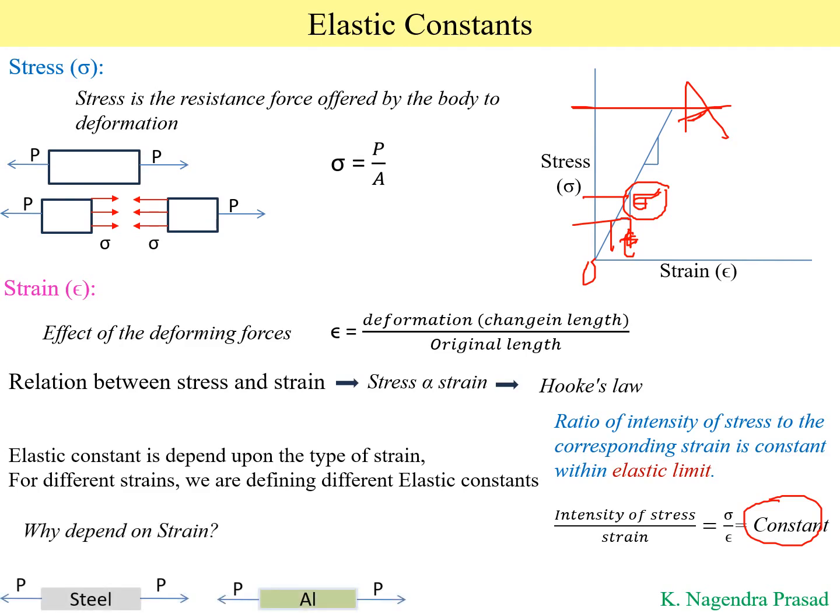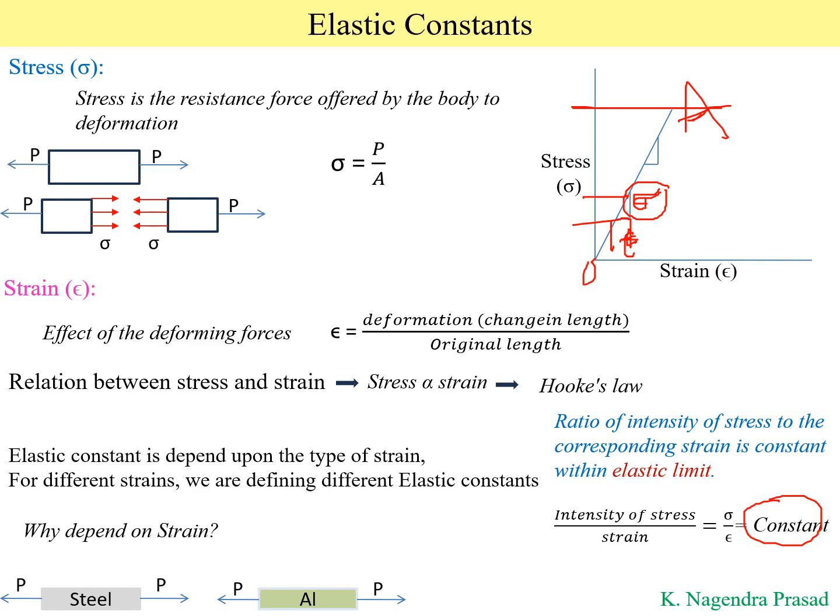Let's see. Here we consider the same dimensions of a steel and an aluminium bar, and apply the same amount of load. The stresses generated in the two bodies will have the same amount. We are applying the load P on the two bars, one made of steel, another made of aluminium.